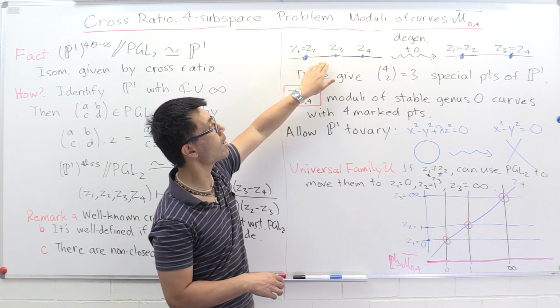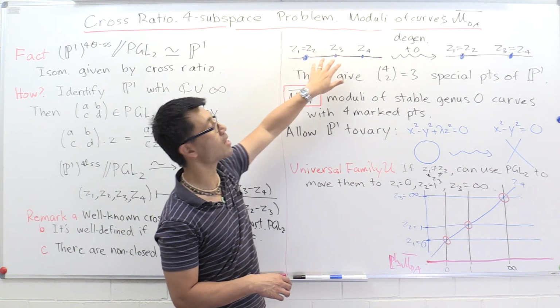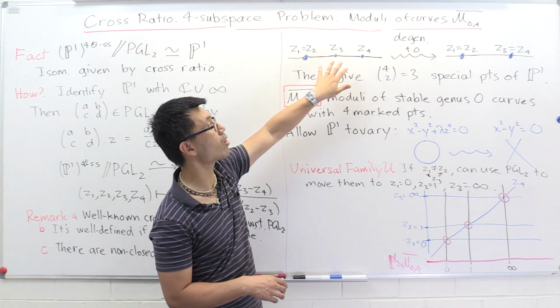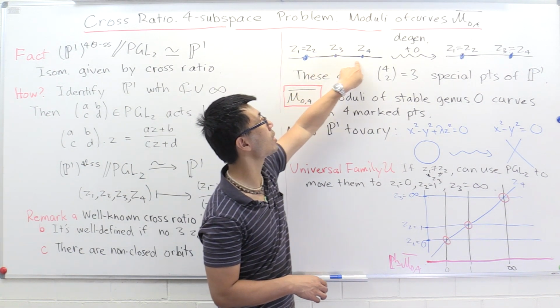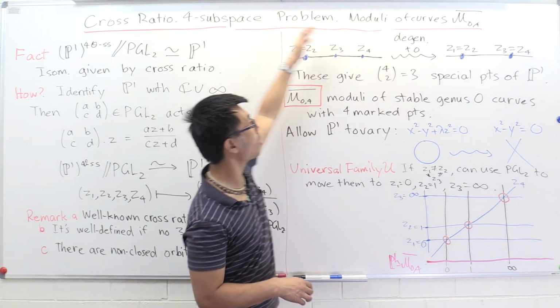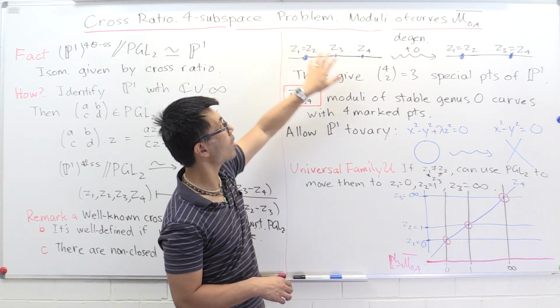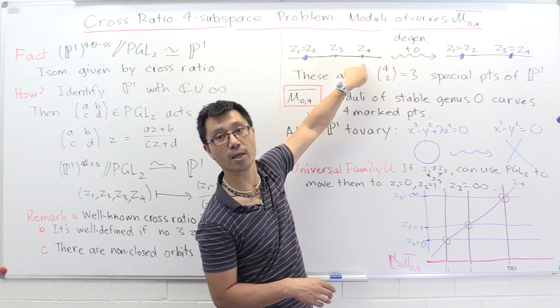So let's look in here. Now, one of the things that you should know is that if you apply PGL2 to this, you can send any 3 points on P1 to any other 3 points. So in particular, we can make this Z3 go as close as we like to Z4, but not equal Z4. So the PGL2 orbit of these things, you get lots of them. They'll all kind of look like this. You can get Z3 as close as you like to Z4, but it won't equal.